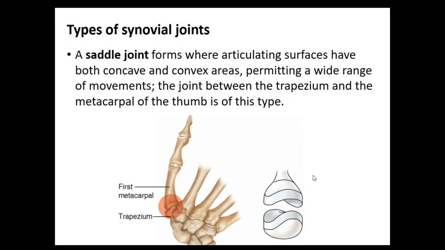Saddle joint. It's shaped like a horse saddle. Think of two Pringles potato chips, one on top of the other. That's what these surfaces are shaped like. And so there's pretty much a good range of movement.